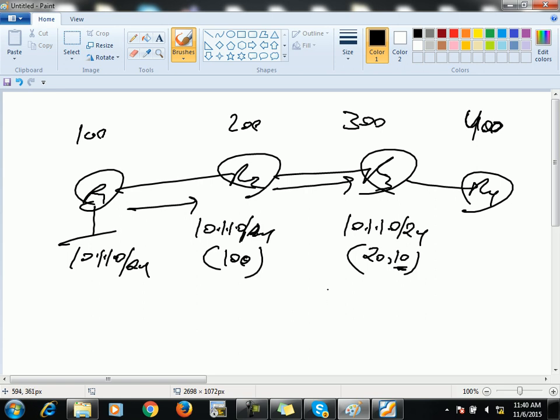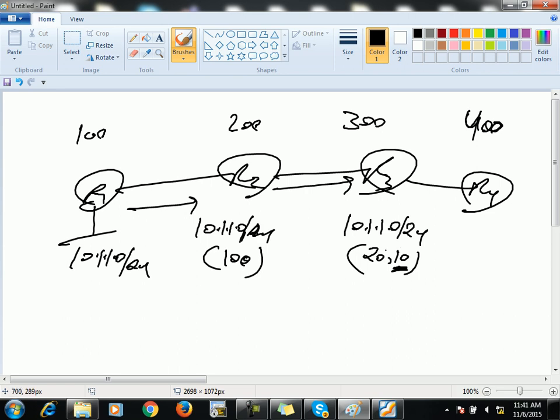So if someone asks what the originating AS for this prefix is, you look at the rightmost AS in the AS path list. Here the rightmost AS is 10, which means this prefix was originated by AS 10.